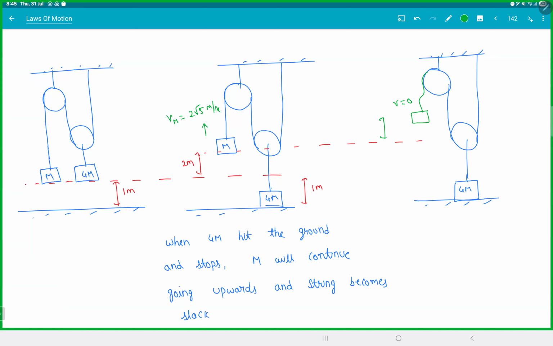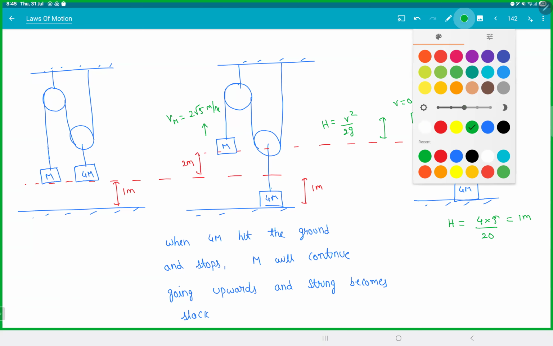So we know this formula is V square by 2G, isn't it? Which comes out to be 2 root 5. That is, 2 will cancel. This is your H here. So H will be 5 by 20, 1 meter.